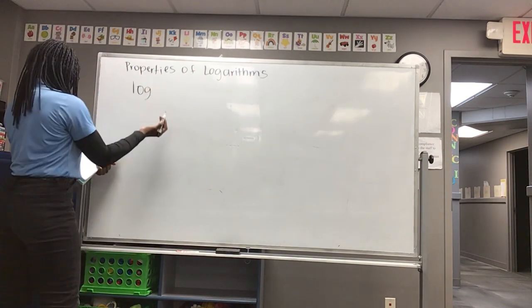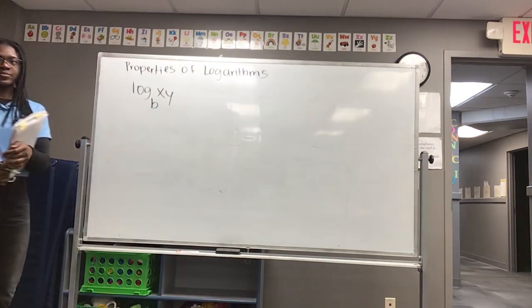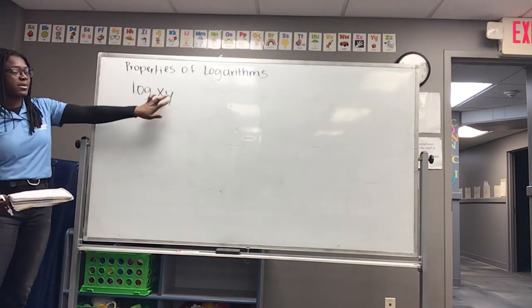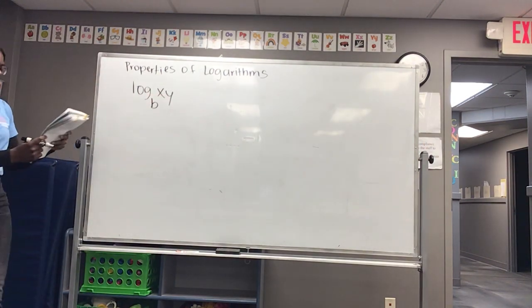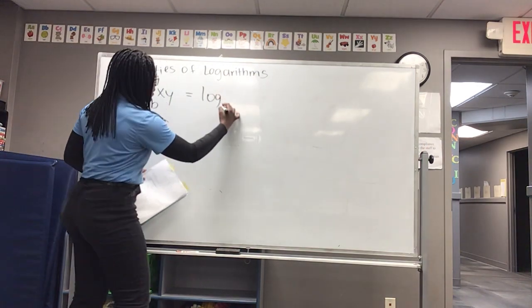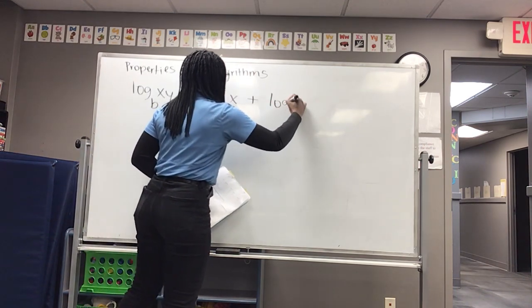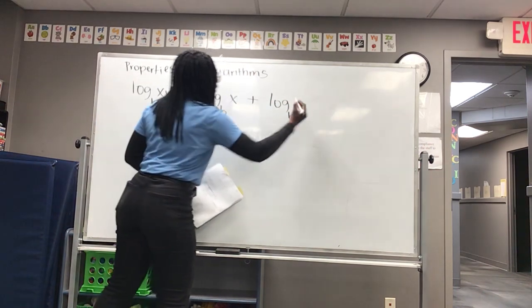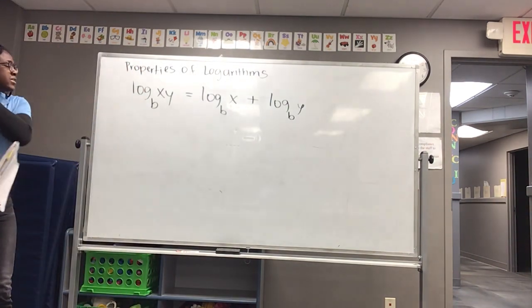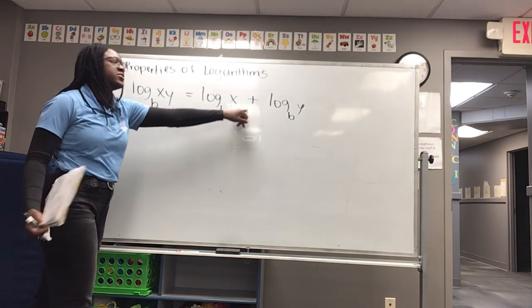So if I have log base b of x times y, and I'm multiplying x and y, what we can do is split that up. That equals the same thing as log base b of x plus log base b of y. And so similar to our exponent rules, when we are multiplying, that changes into addition.